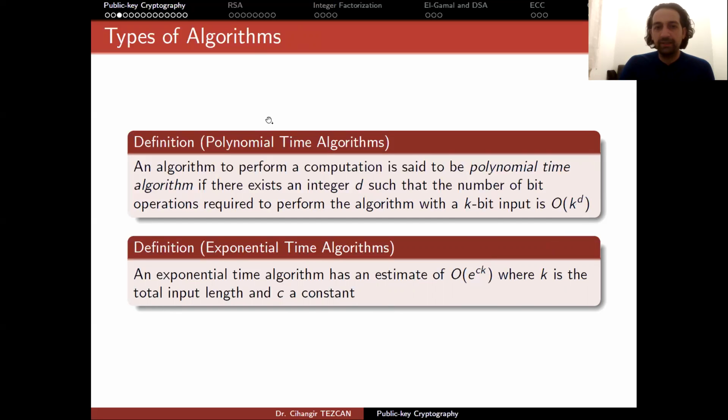So polynomial time algorithms would take a lot less time to perform, and exponential time algorithms will take exponentially more time when the input size increases. This is one way of measuring the complexity of an algorithm.